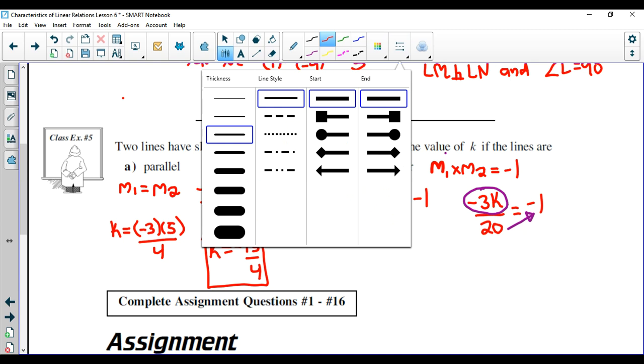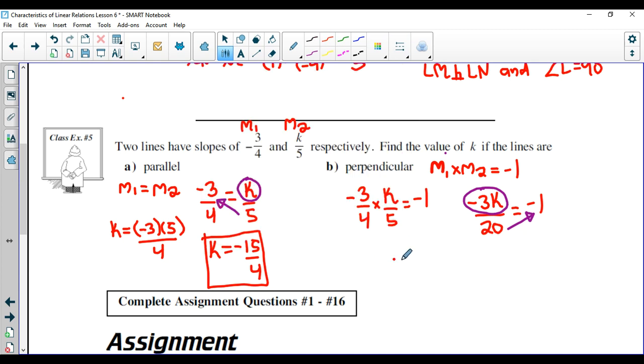So negative 3k would be equal to -1 multiplied by 20. So this would then be -3k is equal to -20.